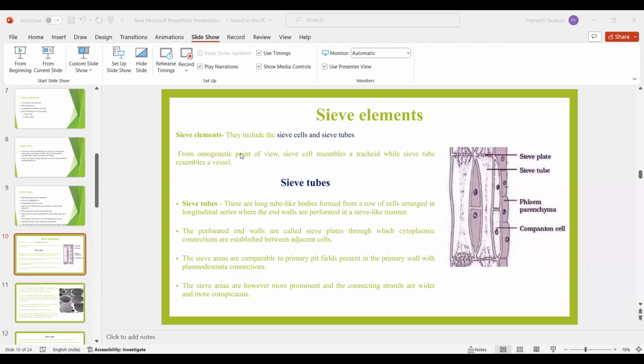The phloem of gymnosperms differs from angiosperms in not having sieve tubes, phloem parenchyma, companion cells, or phloem fibers. Mainly here sieve cells are seen.